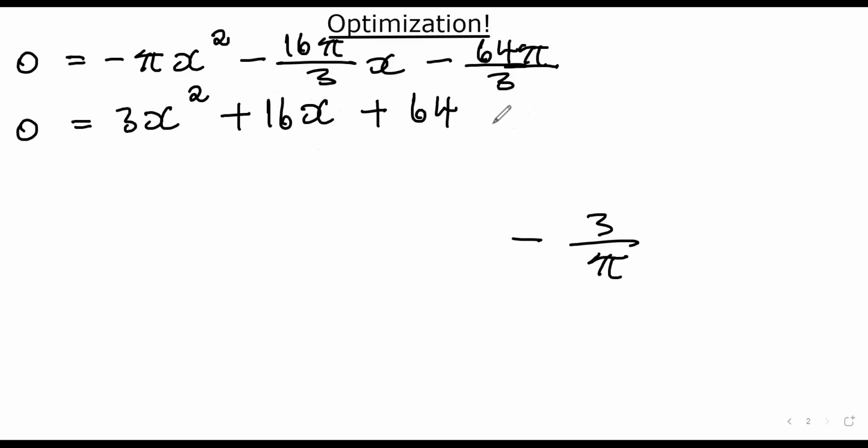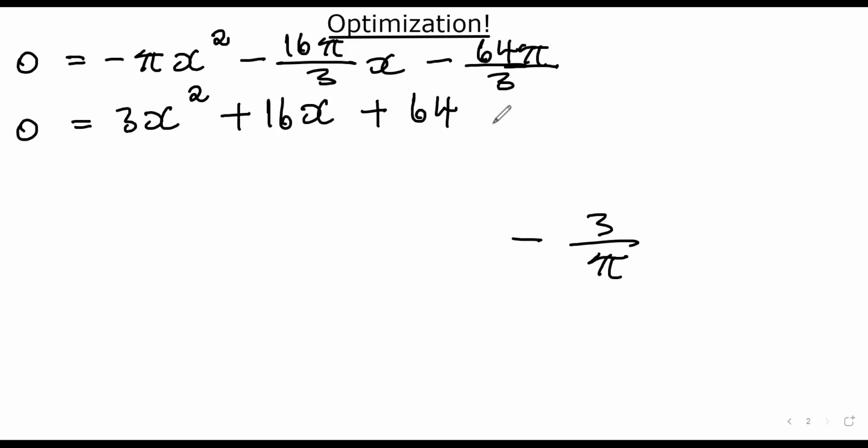I'm not going to show the quadratic formula, but I'm going to substitute into my quadratic formula in the calculator and just get the thing. So everything is positive in the numerator.